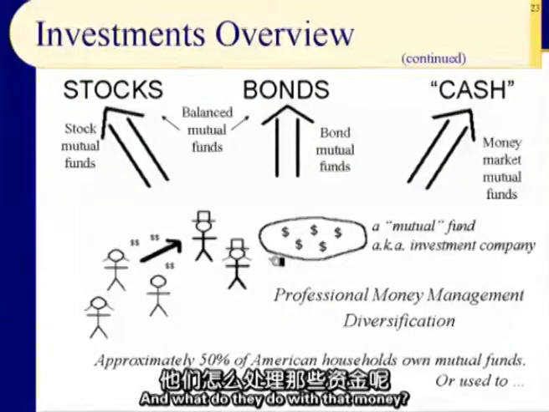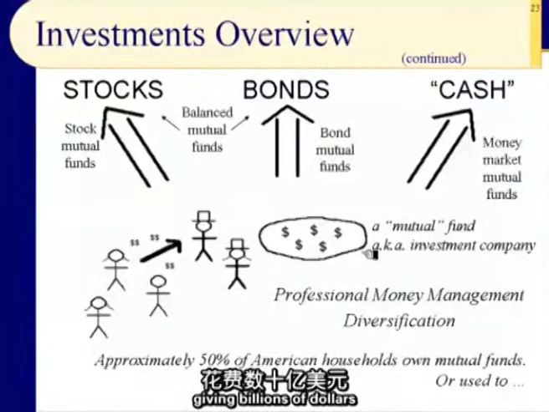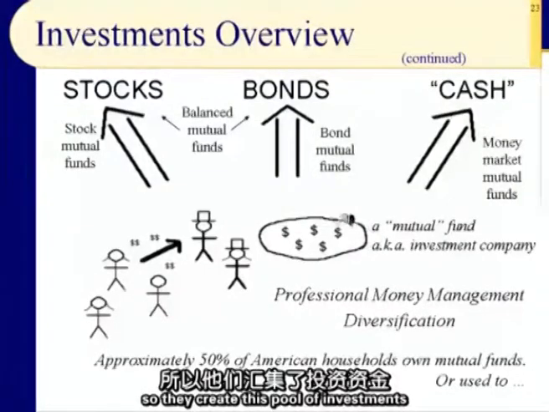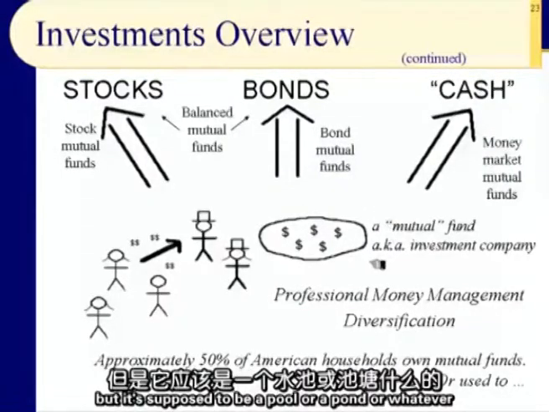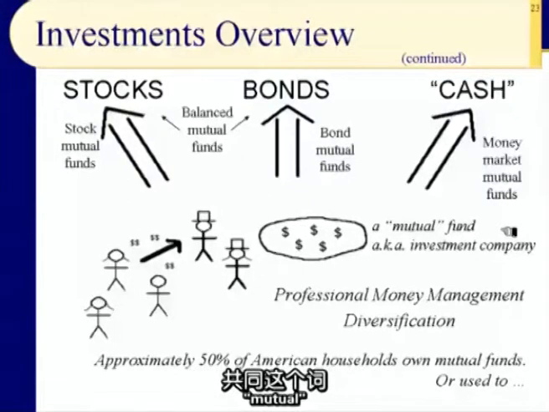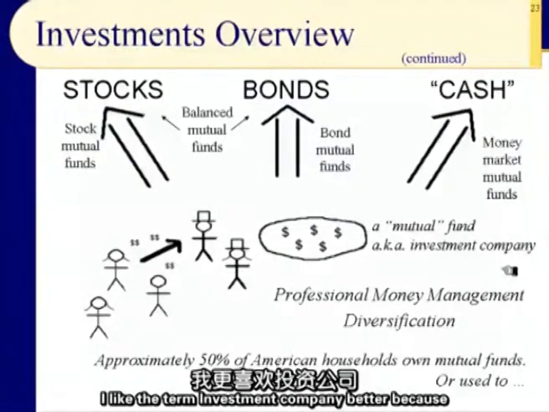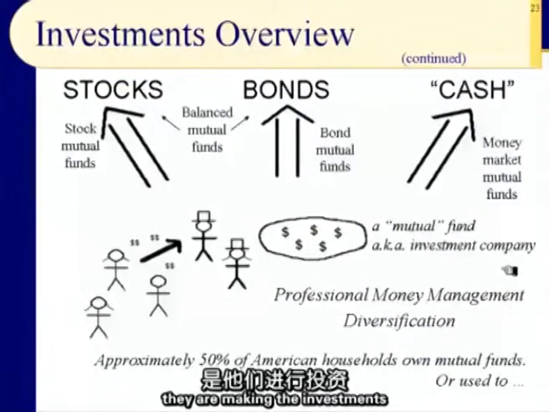And what do they do with that money? Well, remember, there are millions of little people giving billions of dollars, so they create this pool of investments. Yes, I know it looks like a potato. I apologize, but it's supposed to be a pool or a pond or whatever. And hence the term mutual fund company, right? I like the term investment company better, because what these people are doing for you is making the investments.